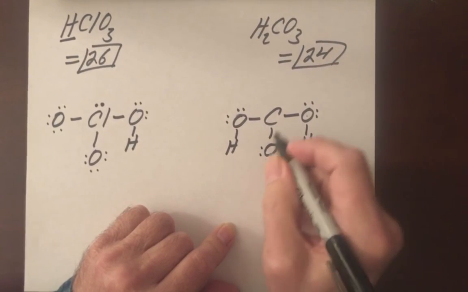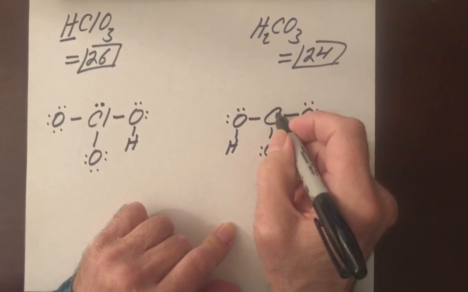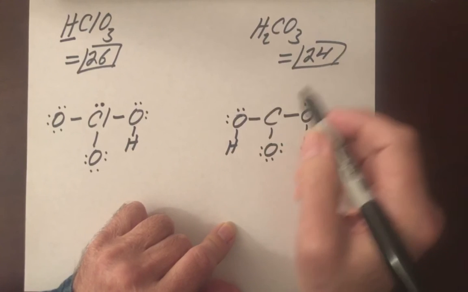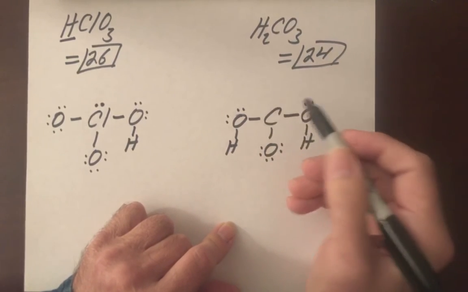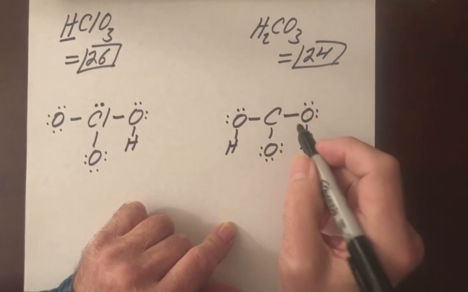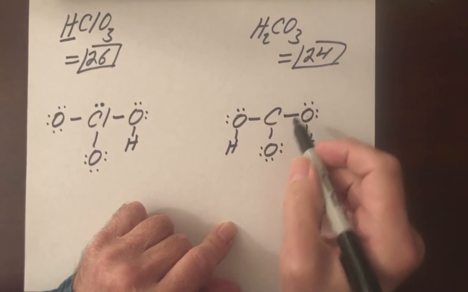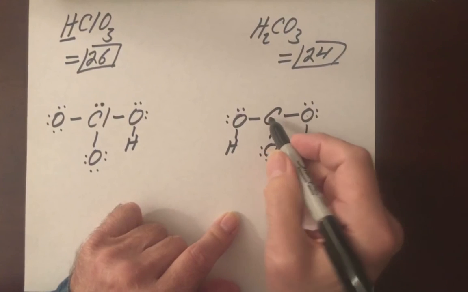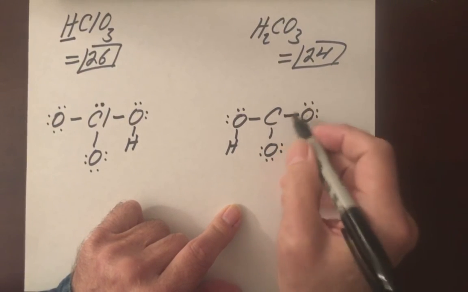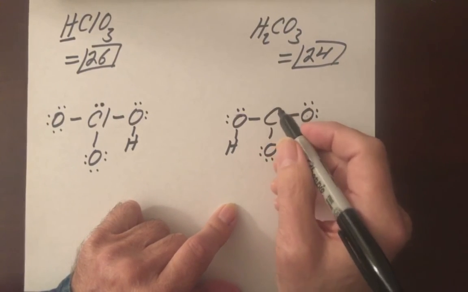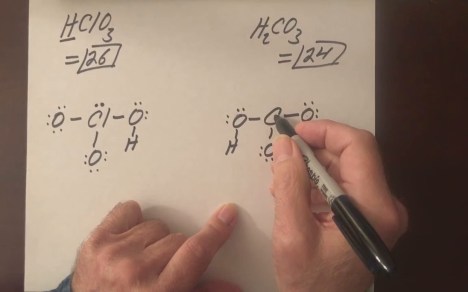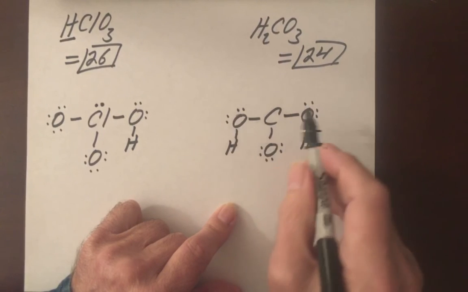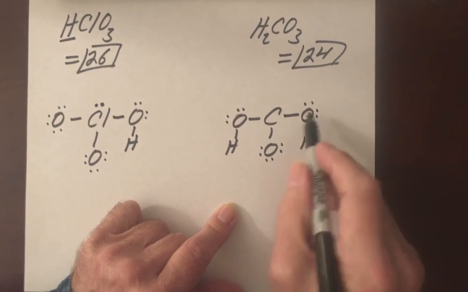But before I put 2 dots on the carbon, remember carbon is going to have 4 bonds. So if I put dots here, that would be a violation of that. And we don't have 2 more electrons. This is 24 electrons. So in order for the carbon to have 8 electrons, it's going to need an additional bond. It's going to need to have a double bond with one of the oxygens. But when you do that, don't pick the oxygens that already have hydrogen bonded to them.